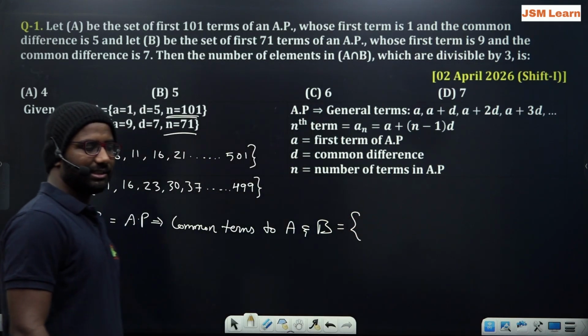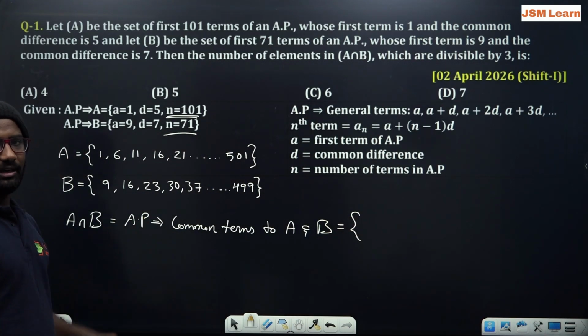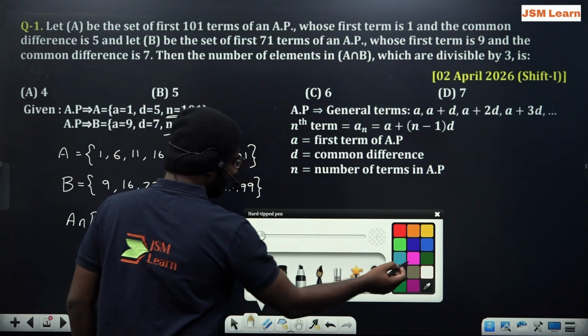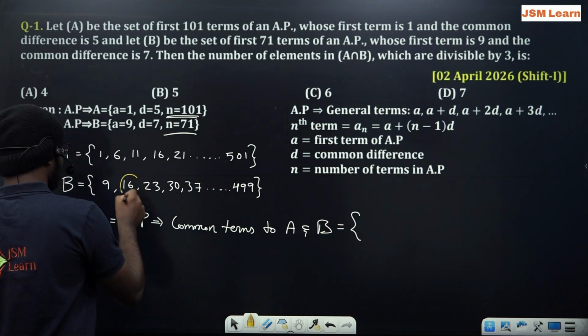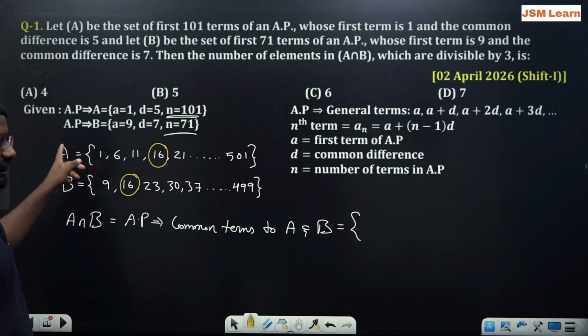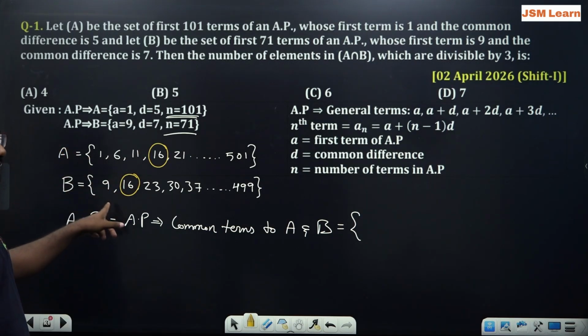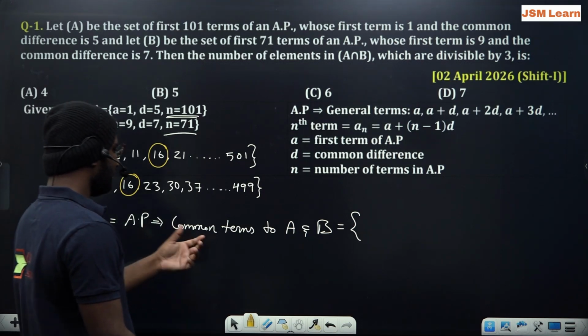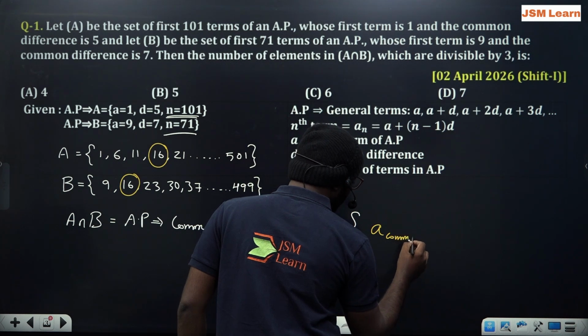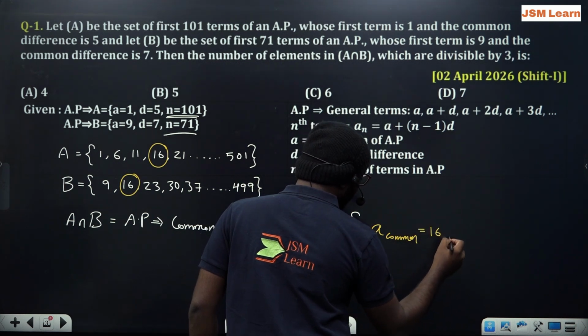This set also forms an arithmetic progression. By observing both sets, we can say that 16 is the first common term to both sets, so we take a common equals 16.